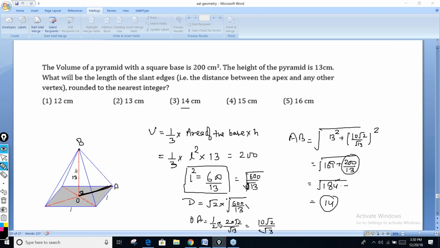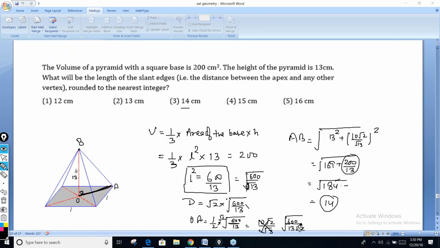OA will be half of that. So half of root 600 upon root 13, root 2. So that is root 600 upon root 13 upon root 2. Or if you want, you can take 2 outside, or let it be like this, upon 2.